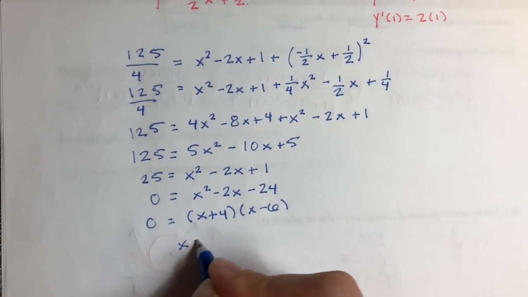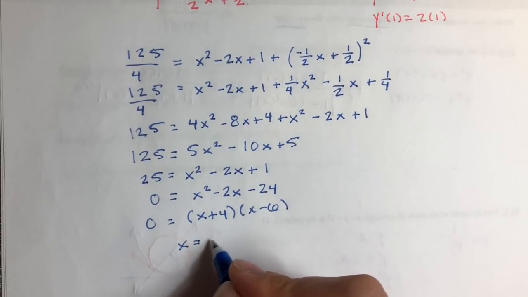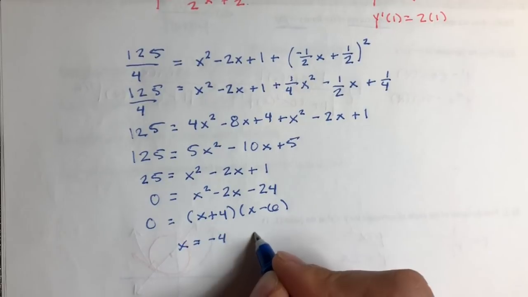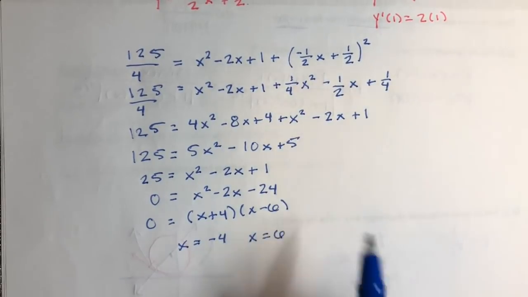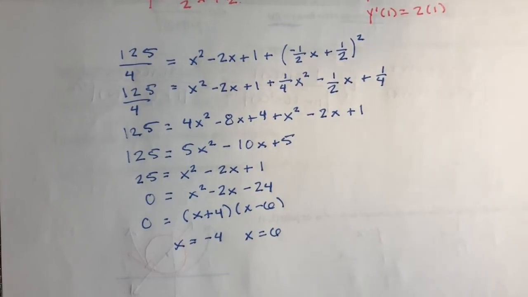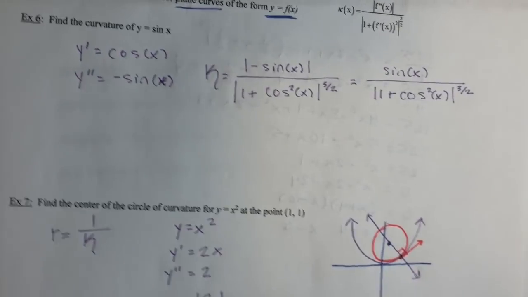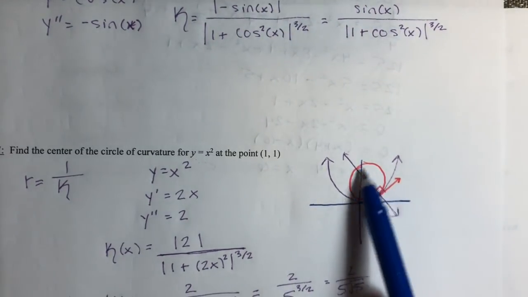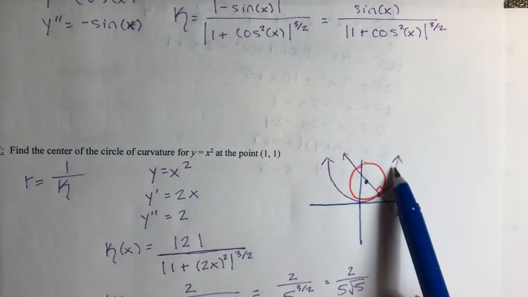So which of these is the one that I want? Because remember, we're trying to solve for the center of a circle. x equals -4 or x equals 6. And this is where we want to go back and look at our diagram, which you can kind of see under here. The circle has to go with the curve.